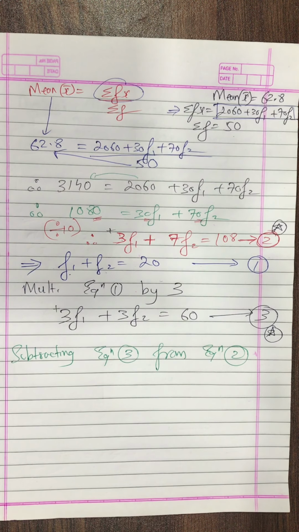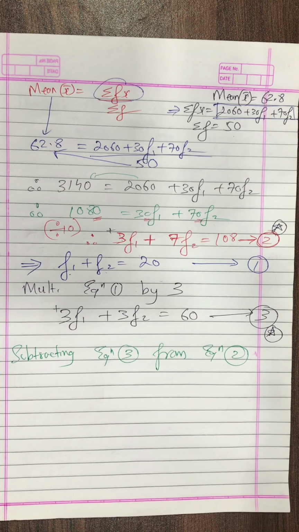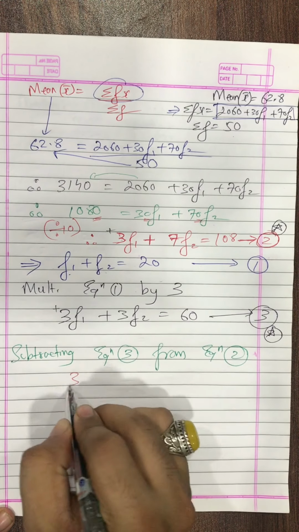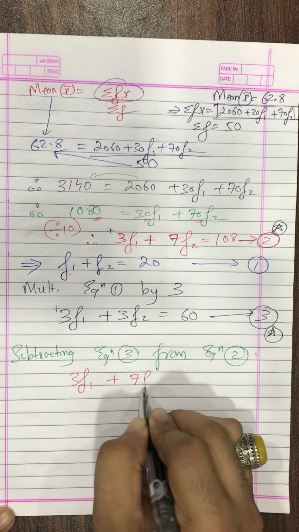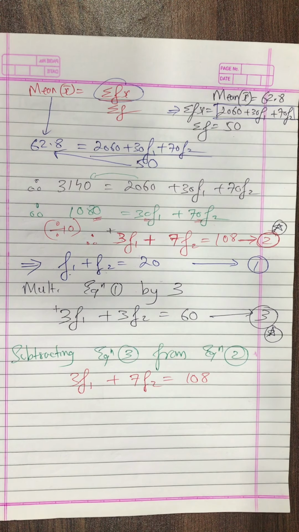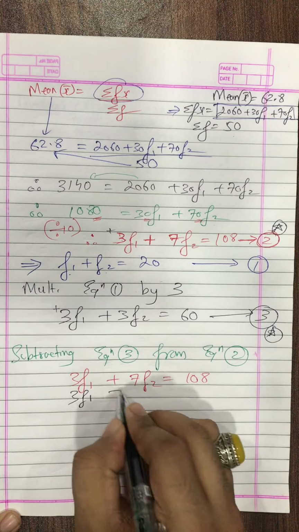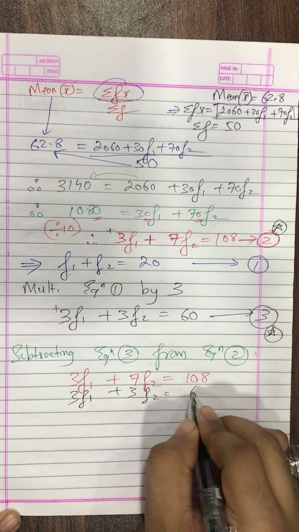Okay, so let's do the subtraction now. I'm subtracting equation 3 from equation 2. What is my equation number 2? My equation number 2 is this one: 3f1 plus 7f2 is equal to 108. Where is my equation number 3? My equation number 3 is this one: 3f1 plus 3f2 is equal to 60.